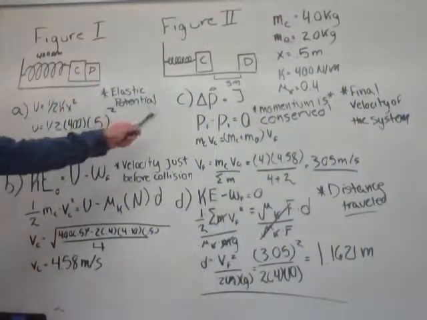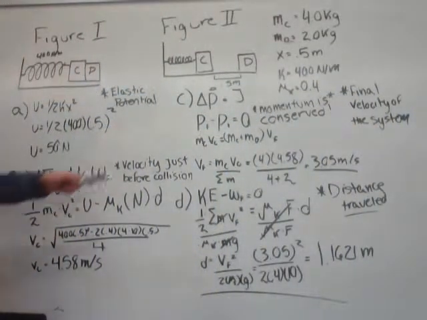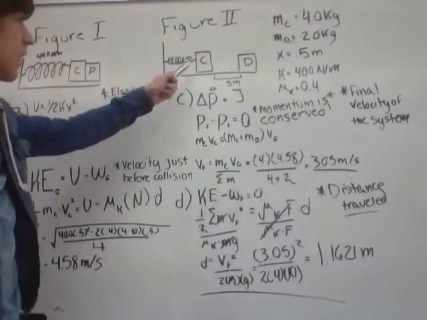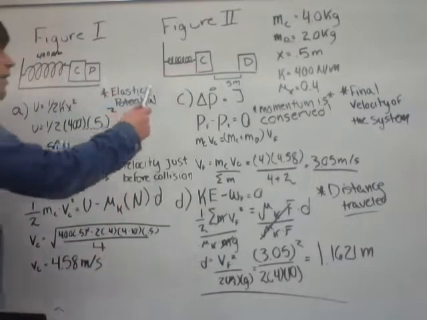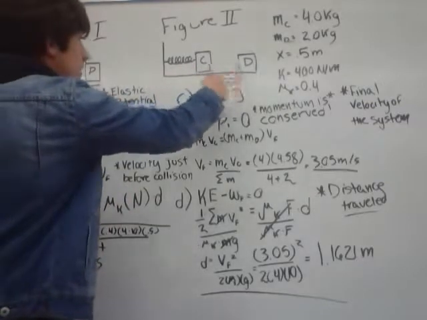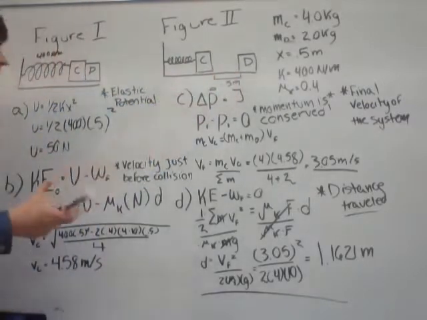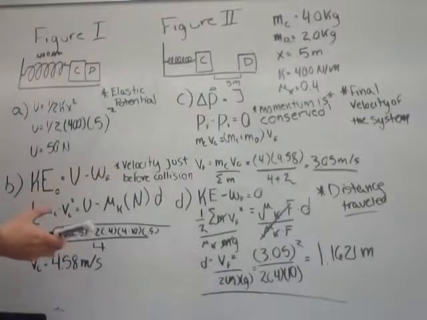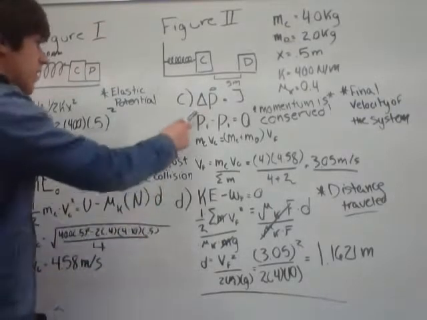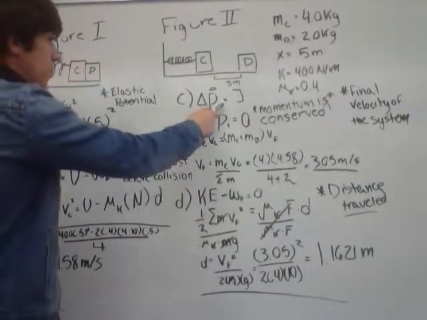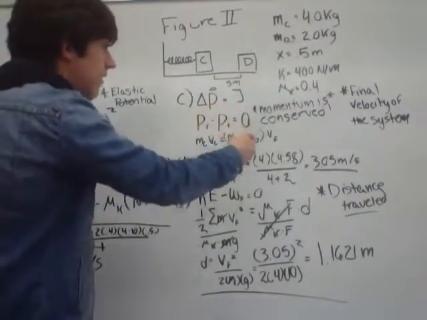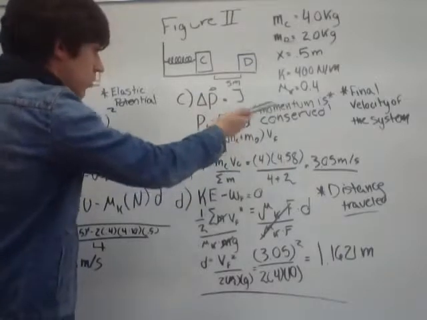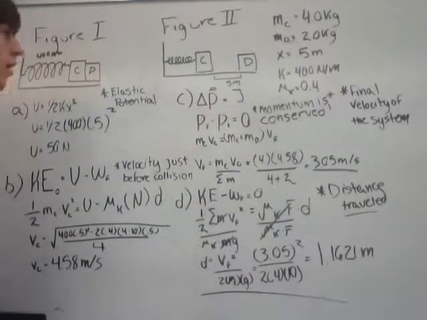For C, it's asking for the velocity of C and D when they're moving together. Now it's an inelastic collision, so when these touch, they stay together and it becomes one system. And so I used momentum for this one. I knew that the change in momentum is equal to the impulse, and because momentum is conserved, I can set impulse to 0, because the change is going to be 0.